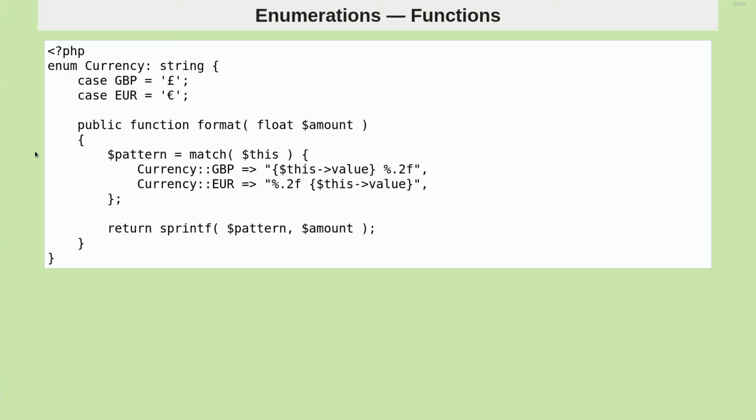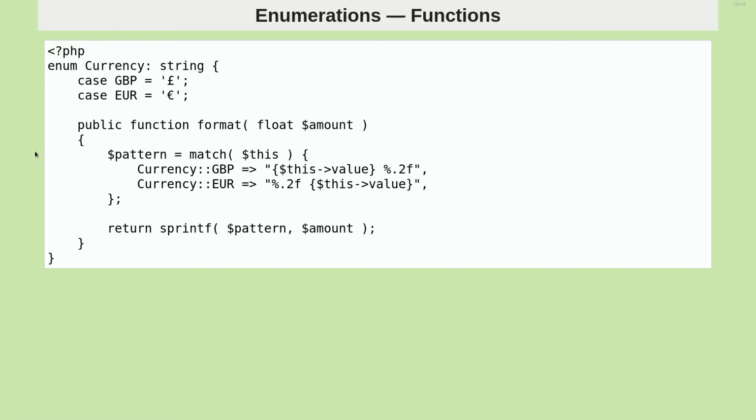So you can't have anything more complicated in there unless you use an anonymous function, for example. But in this case, what we're doing is if the currency is GBP, then we put the pound sign at the end. And if it is EUR, then we put the euro sign at the start. That is not great localization, but it just serves as an example here, right?